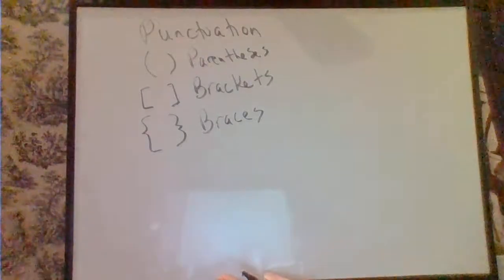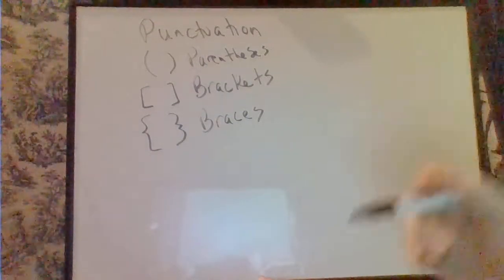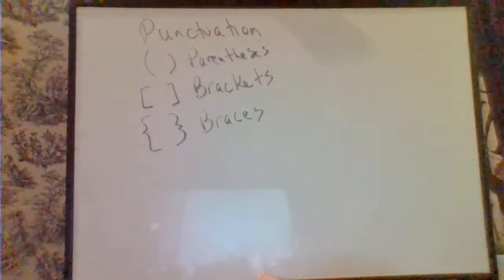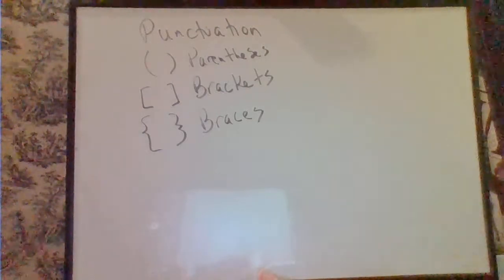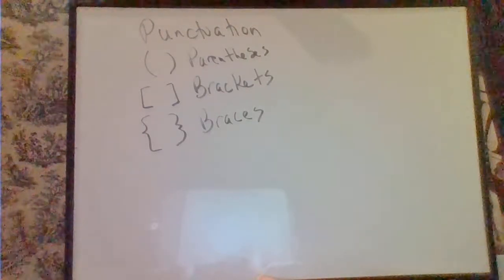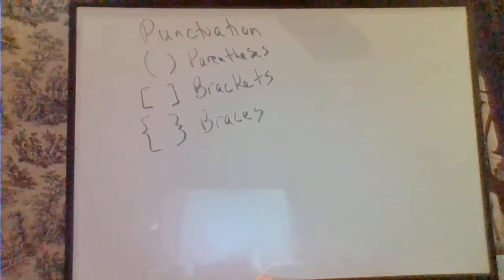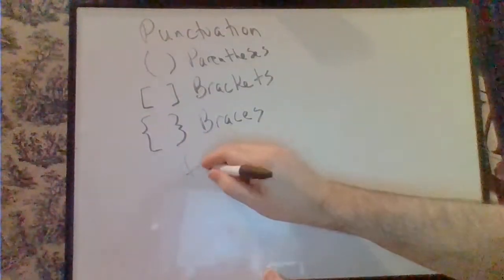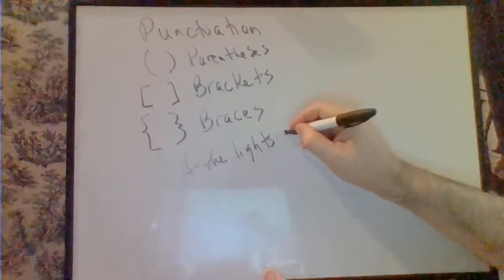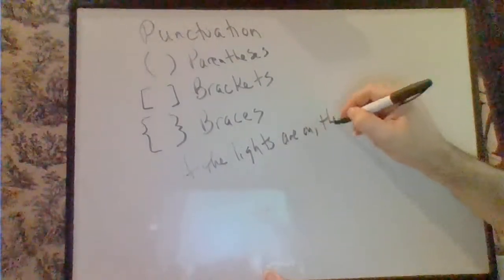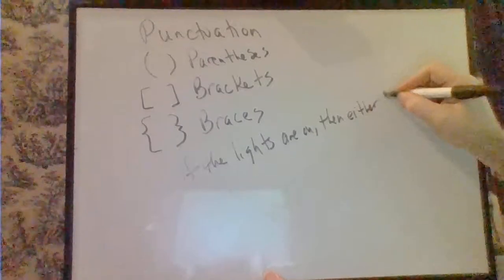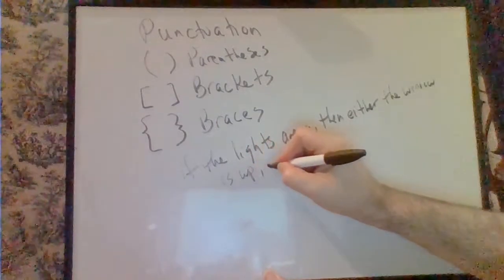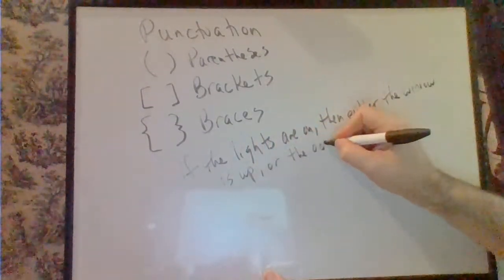Another instance where it might be necessary would be if you're joining three things together. Right, so we've got the door is open, that was D, the lights are on, that is L, and the window is open, let's make that W. So I want to say if the lights are on, then either the window is up or the door is open.